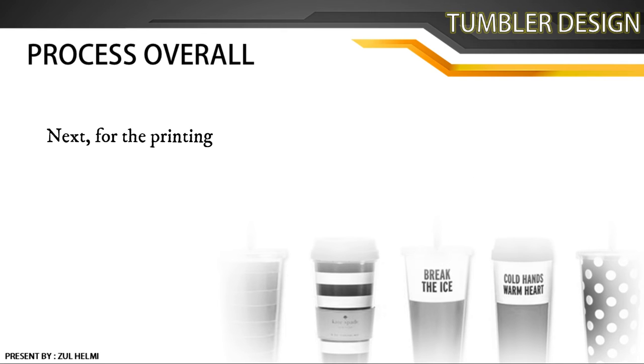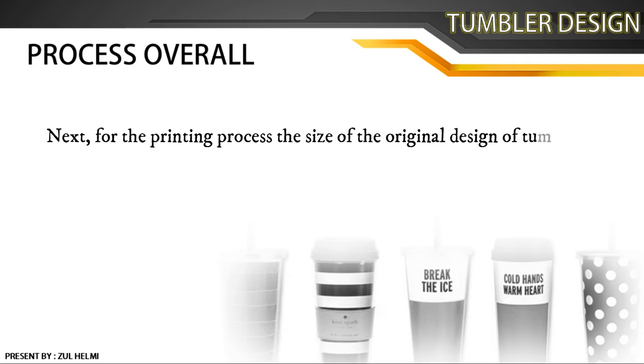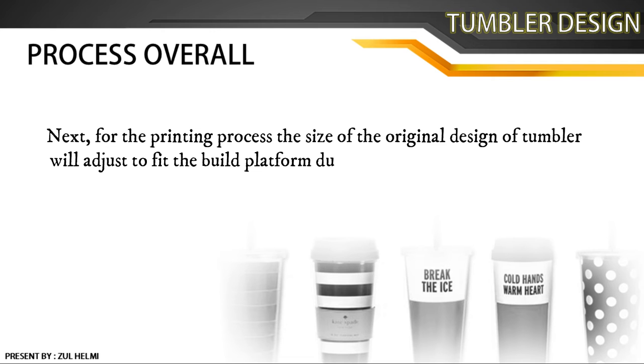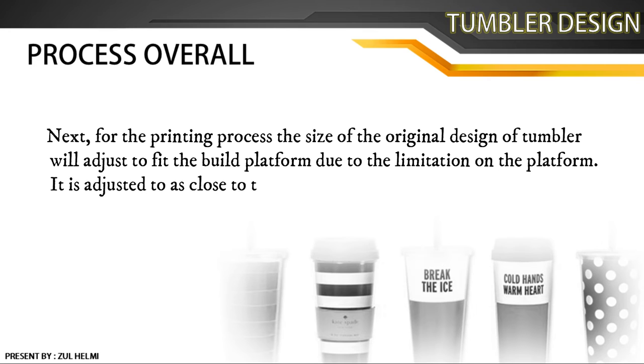Next, for the printing process, the size of the original design of the tumbler is adjusted to fit the build platform due to the limitation of the platform. It is adjusted to as close to the limitation as possible.